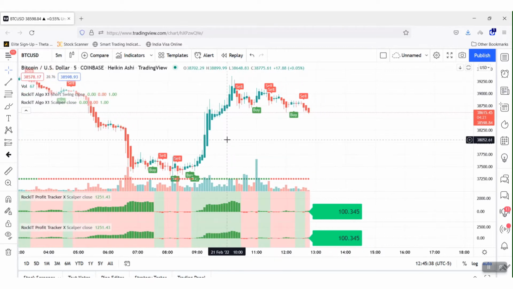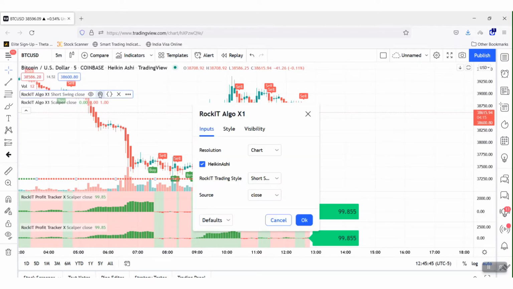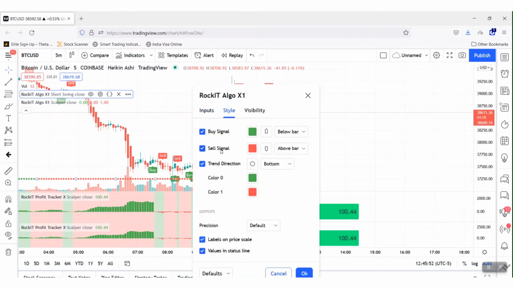But we'll illustrate short and long swing trading at the same time. So configure the first indicator to be short swing, and also change the buy sell signal colors so that you can differentiate between the long swing buy sell signals and the short swing buy sell signals.